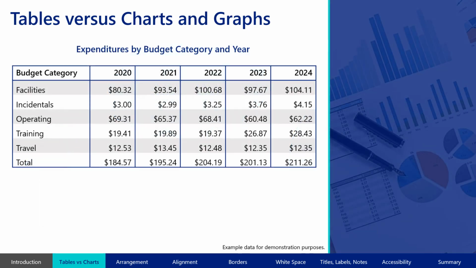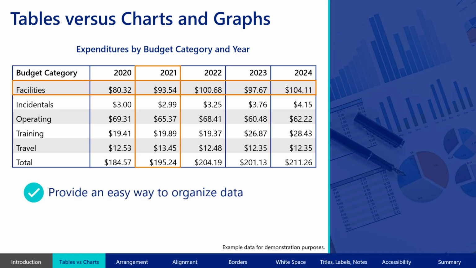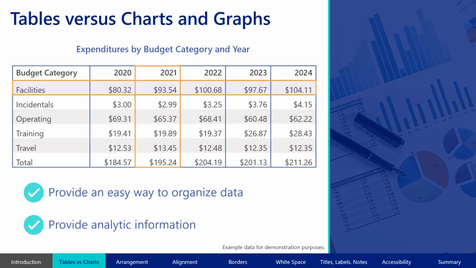Tables are a powerful way to summarize and compare data in a visual format. In a table, data is presented in columns and rows, where numerical values are often grouped by categories and aggregated to summarize the data. They provide an easy way to sort, filter, and manipulate the data and can provide analytic information, such as totals, averages, and percent changes.